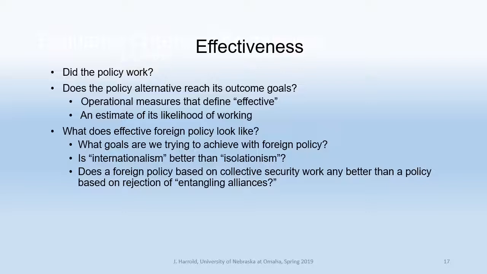But does that necessarily work better than a policy that avoids entangling alliances and a policy that leans more on a strong United States that does not need collective security? So how would you measure that kind of effectiveness? That's a question.